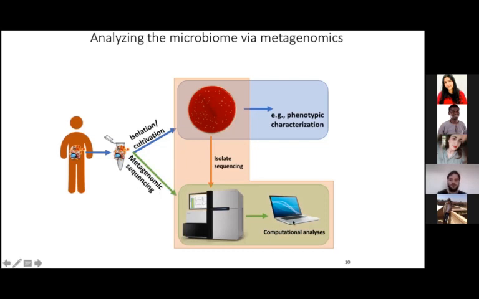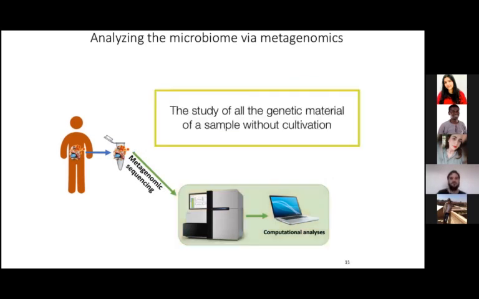Then, through different computational analysis pipelines, you can determine who is there, what genes they have, and what their abundance is within the community. So metagenomics is just the study of all the genetic material within a sample without the need for cultivation.